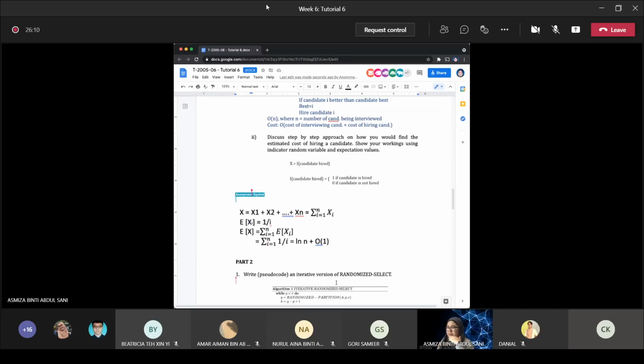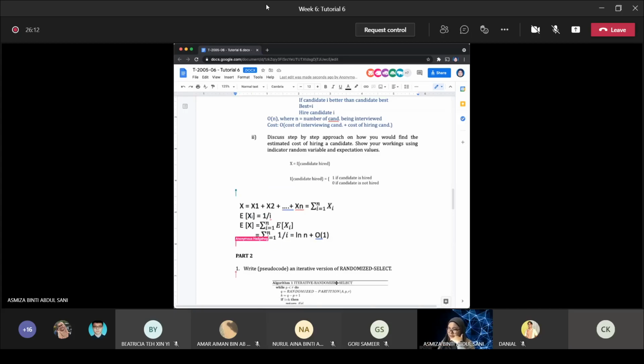So inside the app, I cannot have that annotation. It would be much easier if I can actually annotate on the screen. But anyway, okay.